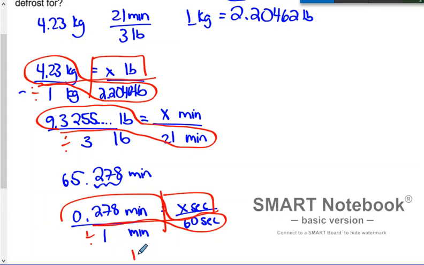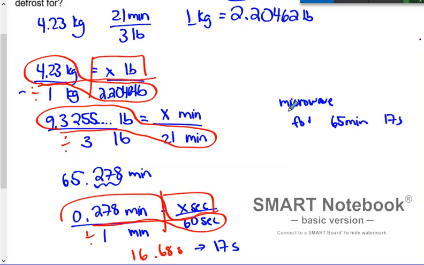And we get 16.68 seconds. And since we are doing to the nearest second, that will round to 17 seconds. Right, so we will need to microwave this turkey for 65 minutes and 17 seconds.